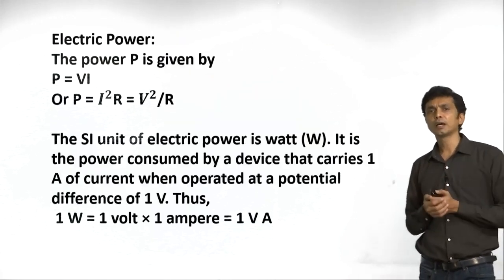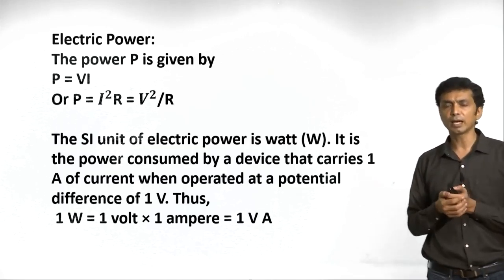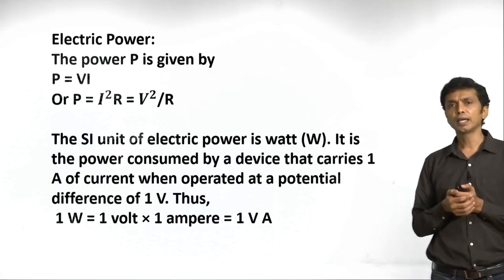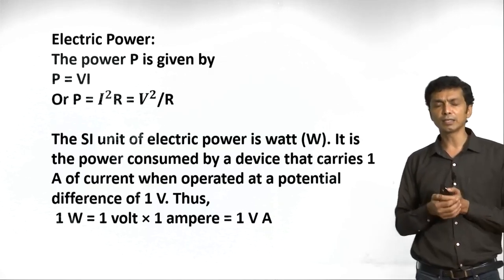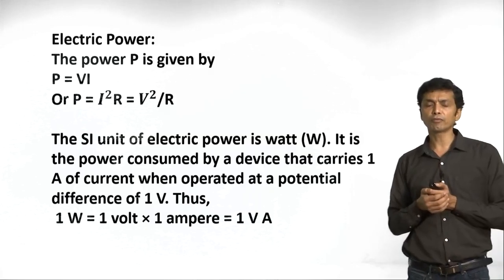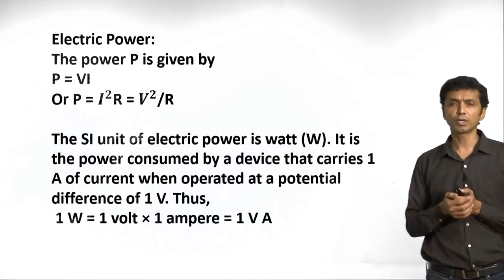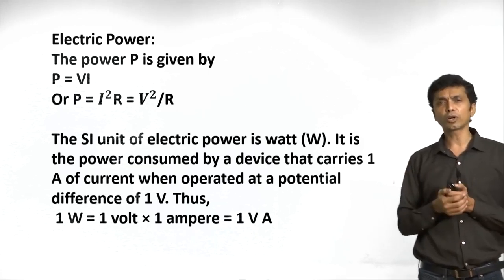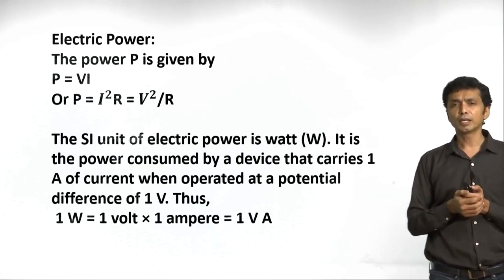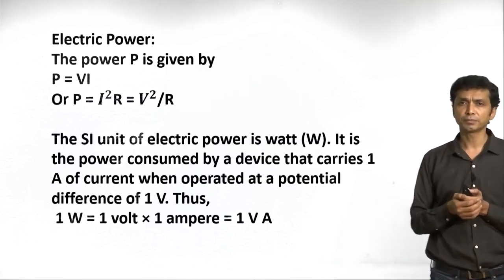Now, electrical power. When we use many electrical appliances at home, take the example of an electrical iron, which uses a power of 1 kilowatt, 1000 watts, around 1000 watts or more. And if you compare it with an electrical water heater, which uses a power of 3 kilowatt or 3000 watts.